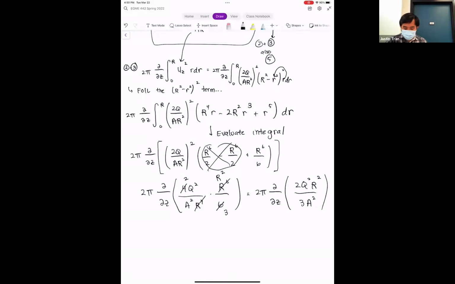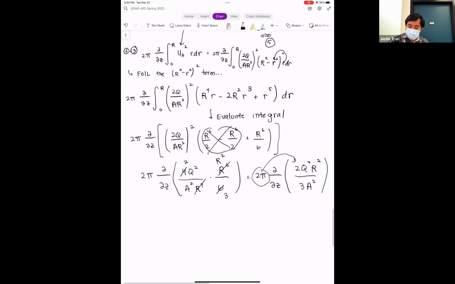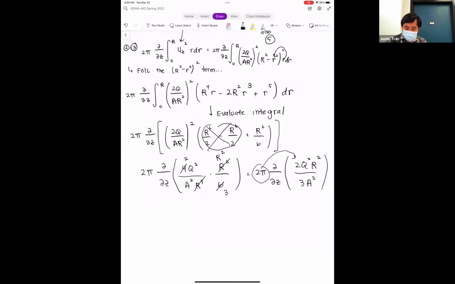We're almost done. Let's take this 2 pi. Because it doesn't depend on z, we can move it inside and outside of the derivative as much as we please. So we can move it in, and what you'll notice is that we have a pi coming in from the outside and an r squared on the inside, right? We know what pi r squared is: pi r squared is equal to a. Those combine and get area on top.